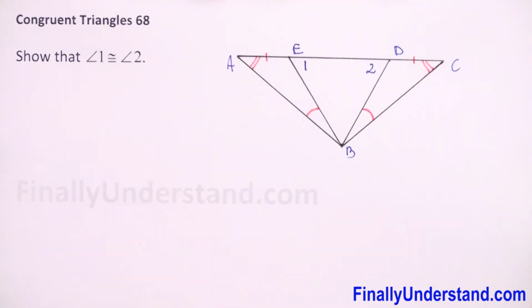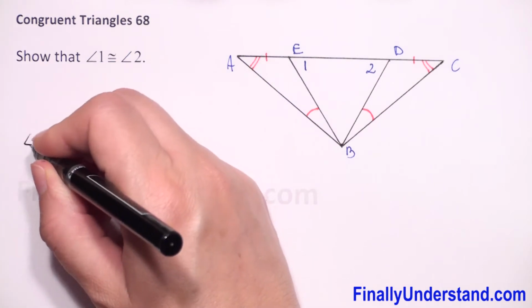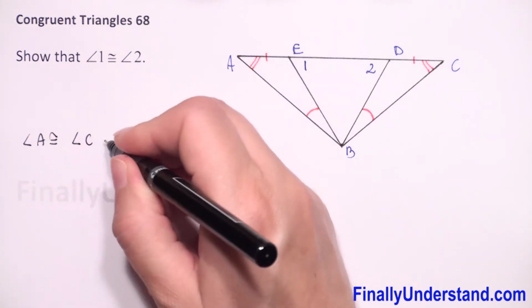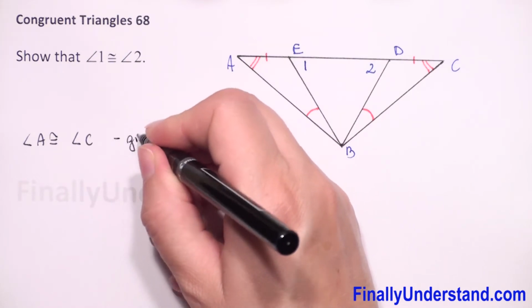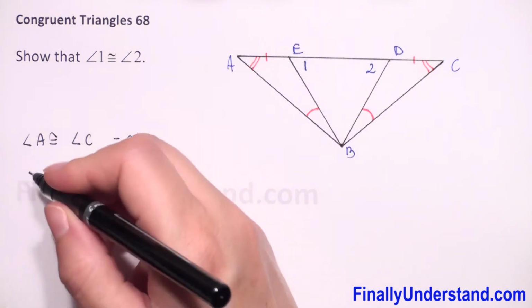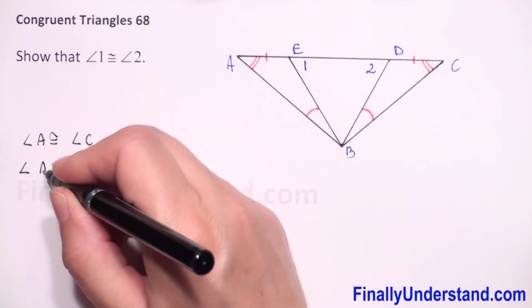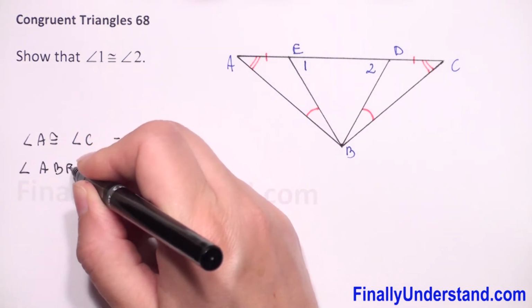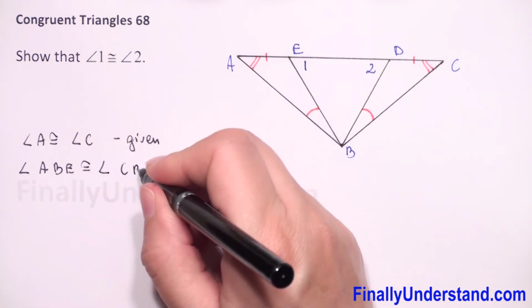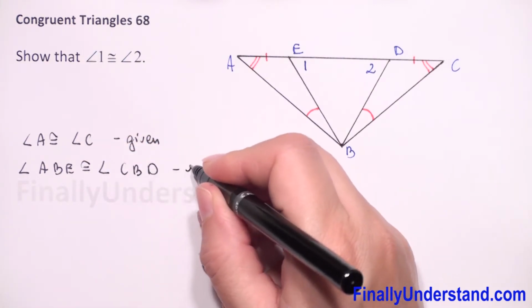We have that angle A is congruent to angle C. This is given. We have also that angle ABE is congruent to angle CBD. This is also given.